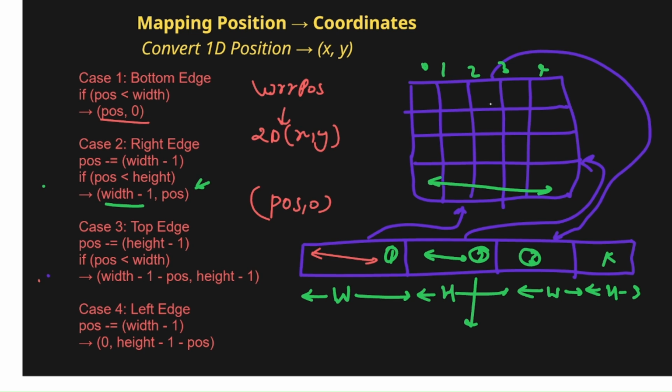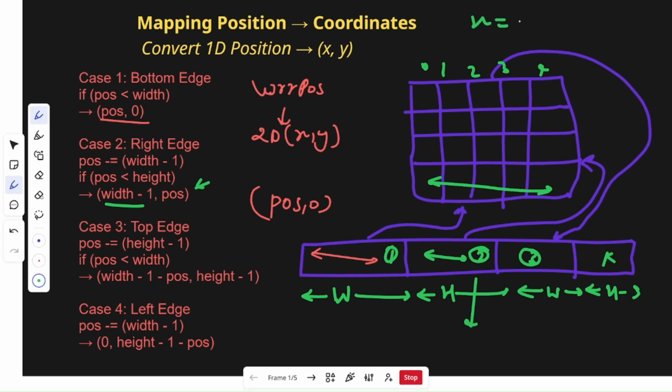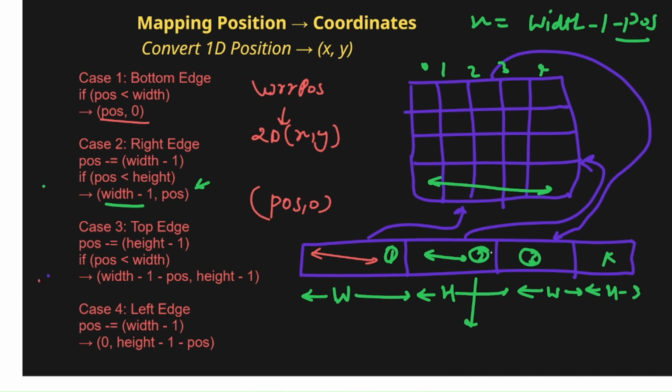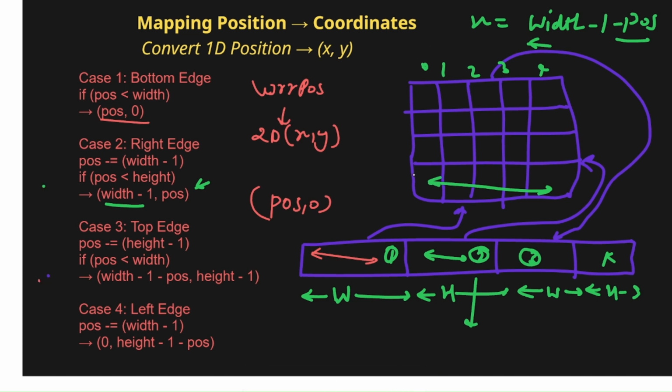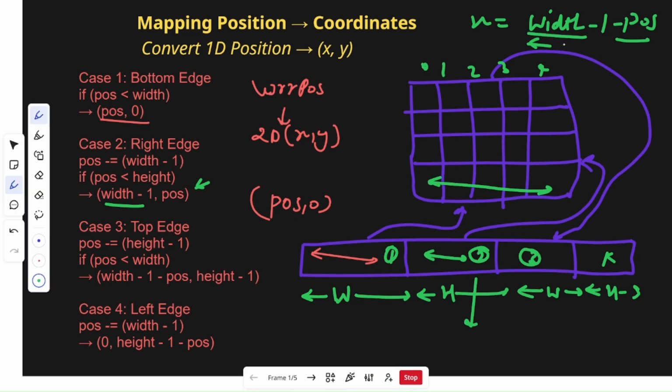on the top edge. For the top edge, the x coordinate will be width minus 1 minus position, because if you take the position then it will show the index from the right side, but we need to find it according to the origin, so we need to subtract it from width.